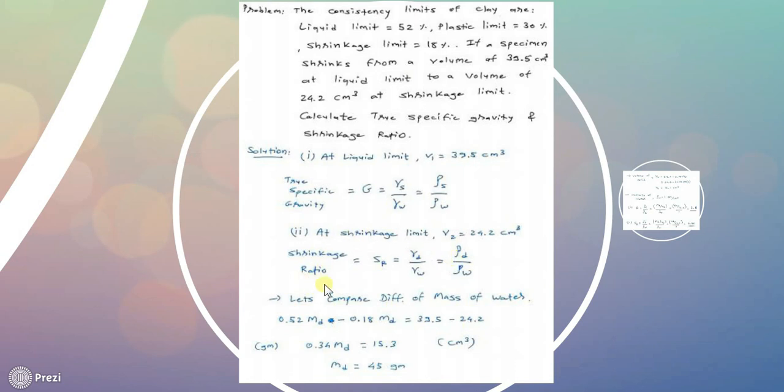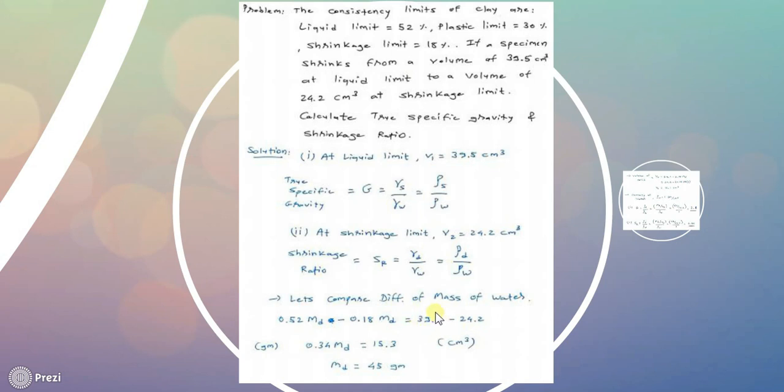Let us compare the difference of mass of water in the first case as well as in the second case. For comparing the difference between the mass of water, we should compare on one side of the equal sign the volume difference, and on the other side the same volume difference. Let us check how. On the right-hand side of the equal sign are the volumes at case 1 and case 2.